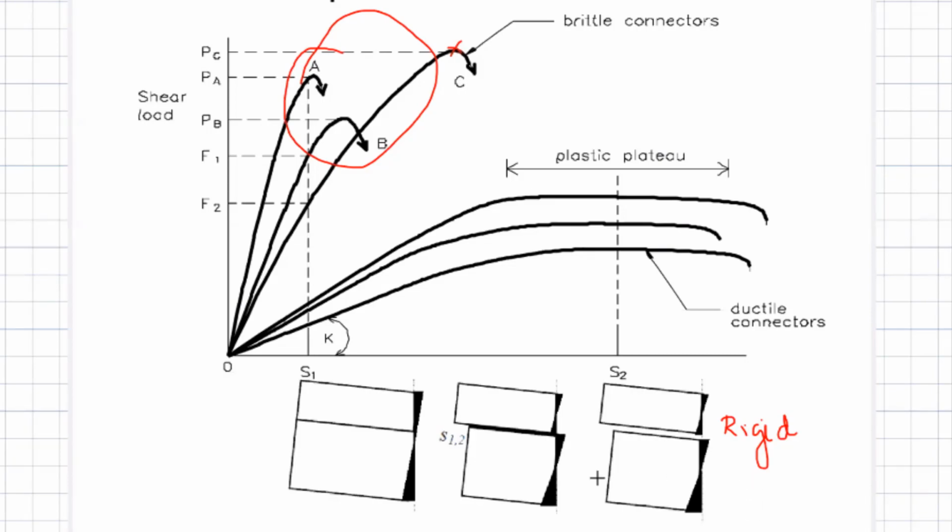So this is the rigid. However, the flexible shear connectors will give me a very nice behavior in which I can see the slip. You can see here there is a slip between the interfaces, still intact, still shear is being carried.